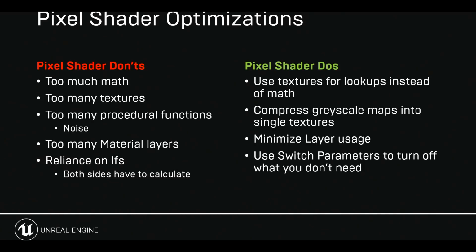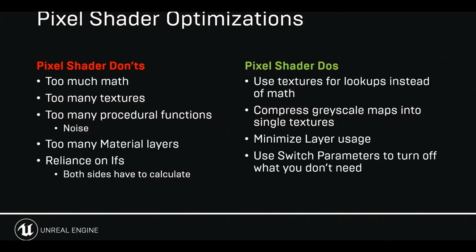But you have to be a little careful, because what you're essentially doing is taking that final material and adding all of the instructions of all of those material layers. So if those layers themselves are really complex, it can get pretty expensive. Watch out for reliance on if statements. I've run into a lot of cases where folks believe that if you have an if statement, you're using one side of the graph or the other. You're not. It has to calculate both sides.